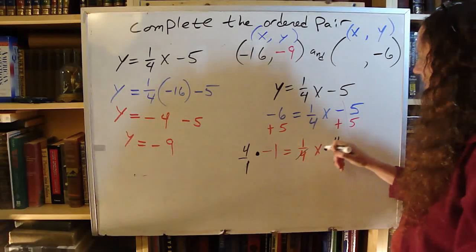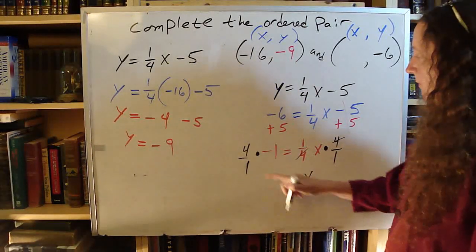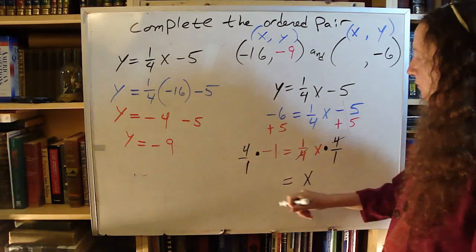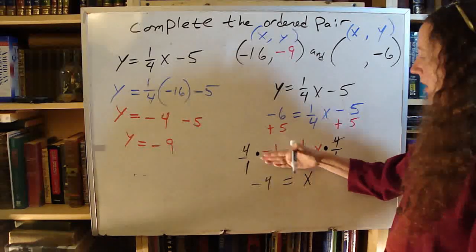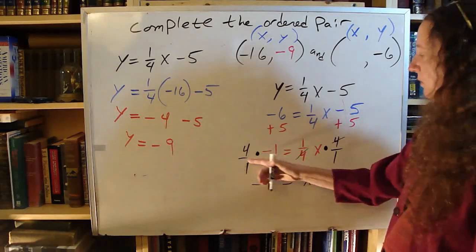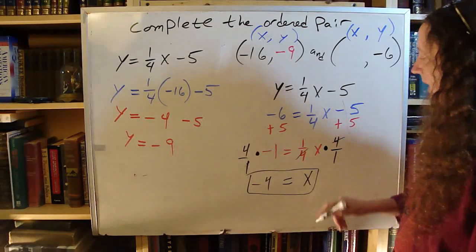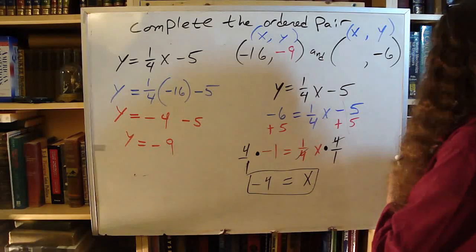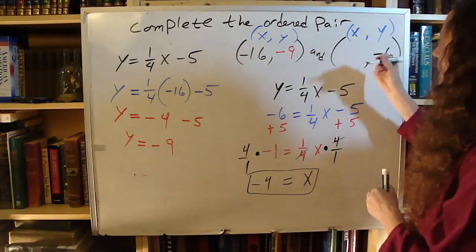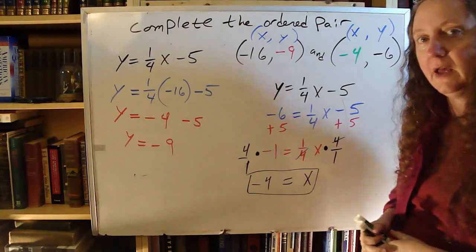So the 4 cancels the 4. I have just x equals 4 times negative 1 is negative 4. 1 times understood 1 is 1. Don't need that written there. And I have my answer here. X is negative 4. Fill my answer in up here. And that problem is done.